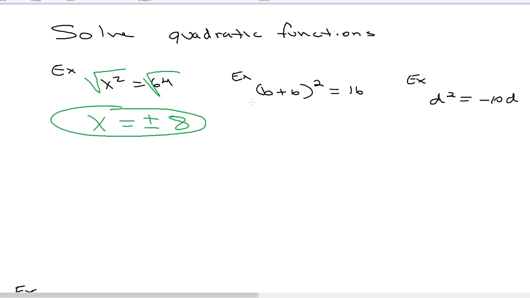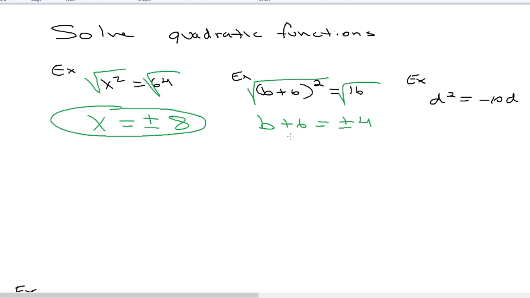If we apply the same property to the next example, to get rid of this exponent of 2, we simply square root both sides, and we get b plus 6 equals plus or minus whatever the root of 16 is, which in this case is 4.